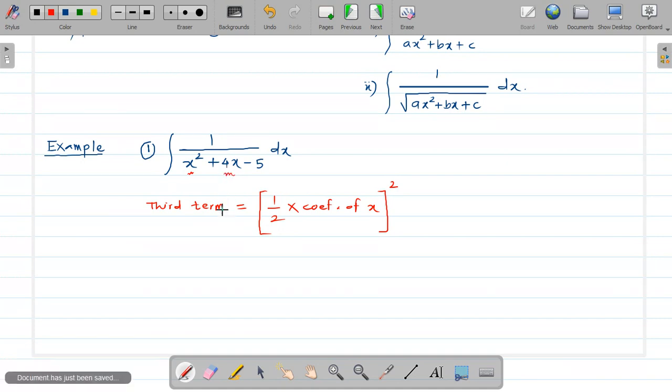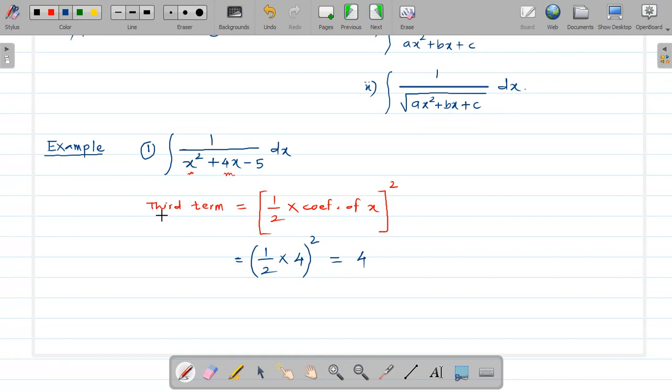Here the coefficient of x is 4. So the third term will be 1 by 2 into 4, total bracket square, that is 2 square, that is 4. So we have to add the third term here.